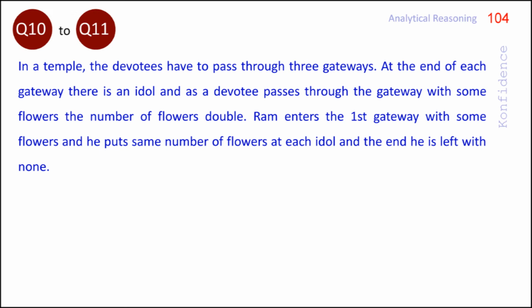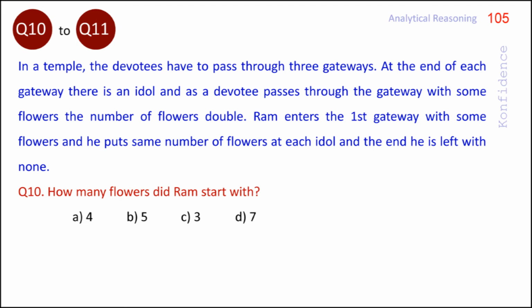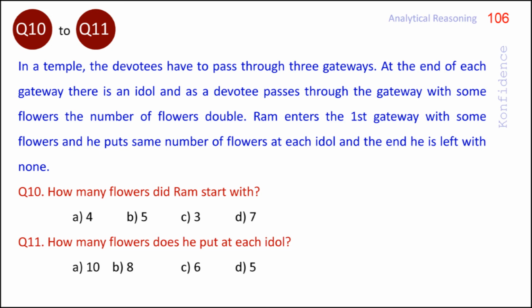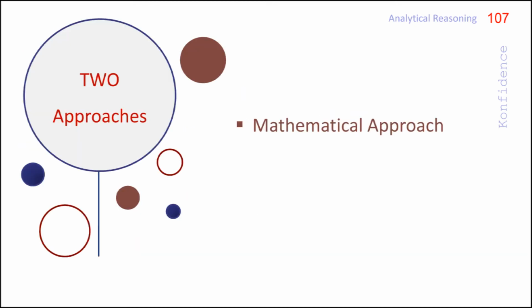Ram enters the first gateway with some flowers, and he puts the same number of flowers at each idol, and at the end he is left with none. Question 10: how many flowers did Ram start with? Question 11: how many flowers does he put at each idol?